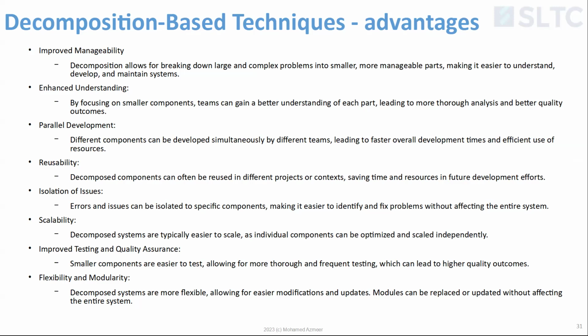So that way you're also assuring the quality of the entire program. And also modularity and flexibility. Since we are dealing with many different small pieces in a module base, you can take some pieces away, add some more pieces into it, and it has very good flexibility also.